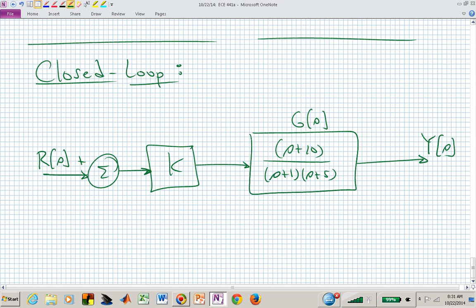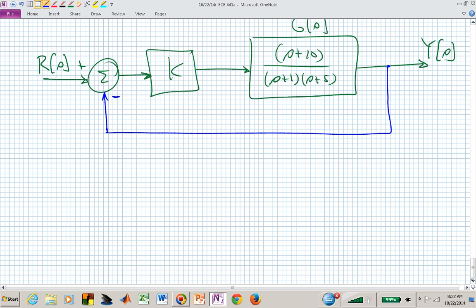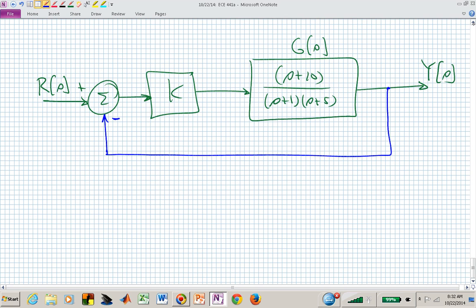Now that wasn't working for us. So now is it possible to modify the system dynamics by introducing feedback? Can we change the open loop to a closed loop, and hopefully have better performance than what we had before? Because our boss wants a 1 second settling time, and the open loop system was giving us a 4 second settling time.